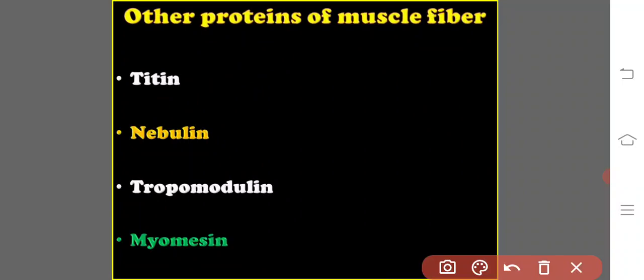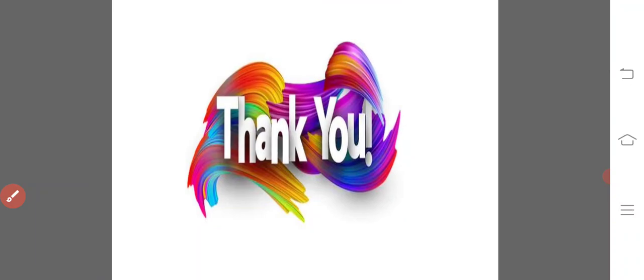They are titin, nebulin, tropomodulin, as well as myomesin. They are also helping in muscle contraction. So this is all about the structure of the muscle and ultrastructure of the muscle fiber. Thank you.